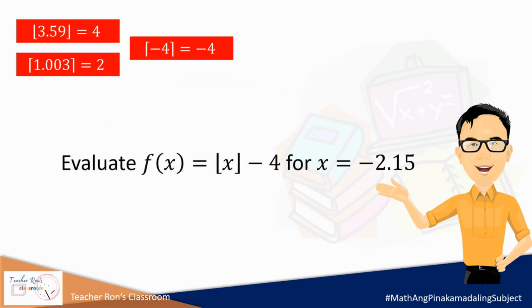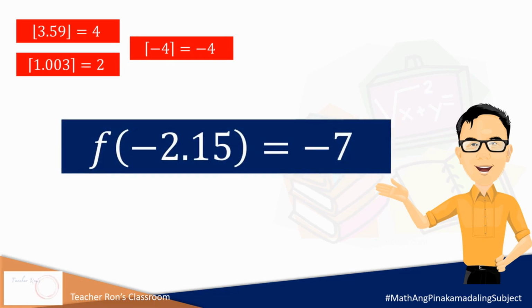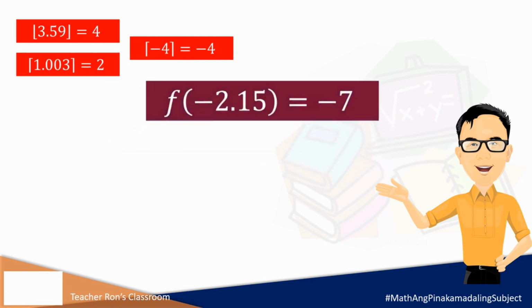How about this one? Evaluate f of x equals the floor of x minus 4 for x equals negative 2.15. So, f of negative 2.15 equals negative 7.